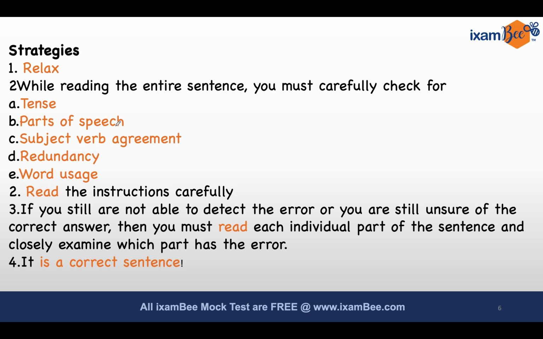Next, subject verb agreement. Try to see if the rules related to subject verb agreement have been followed or not. Look at the subject, look at the verb, see if they agree with each other. Next, redundancy. Redundancy means, for example, things like returned back home.